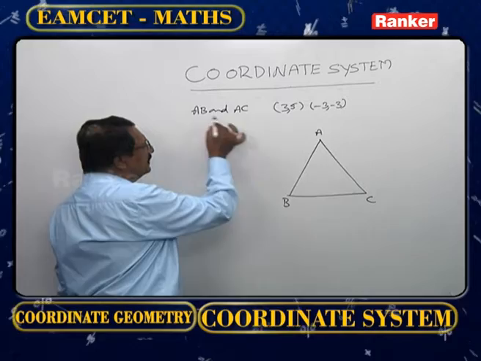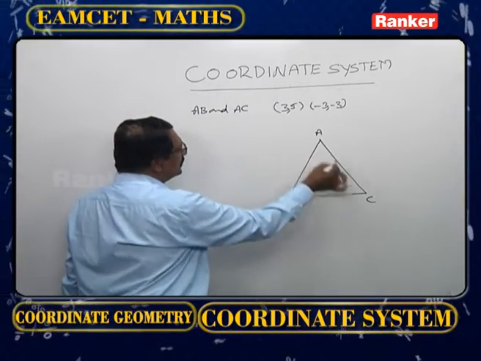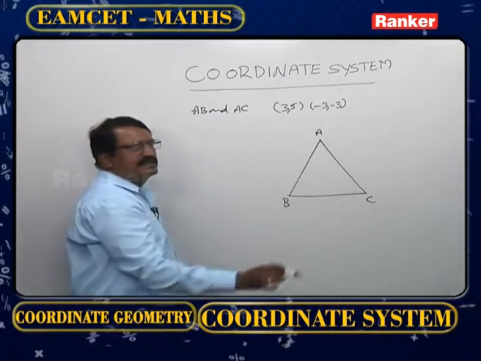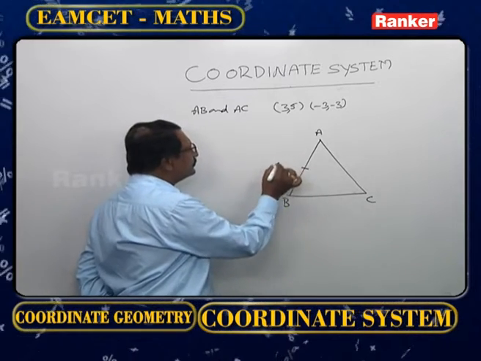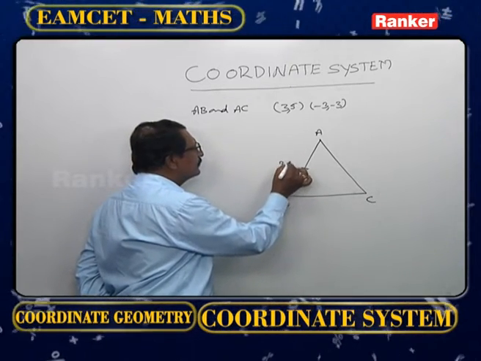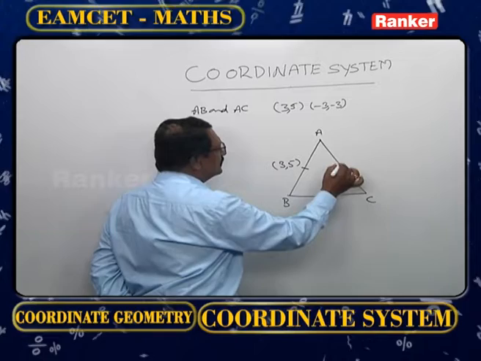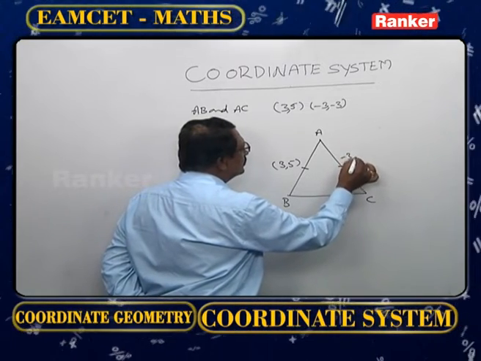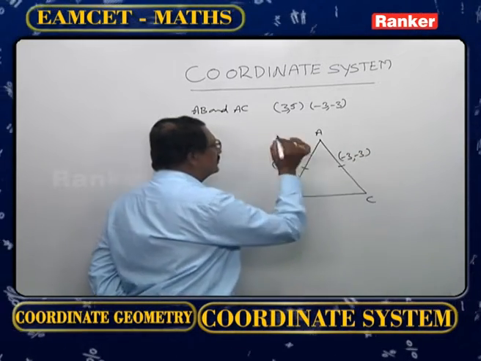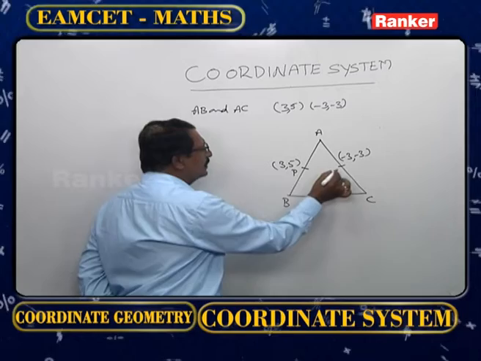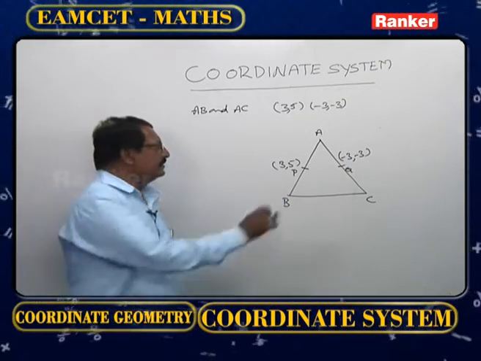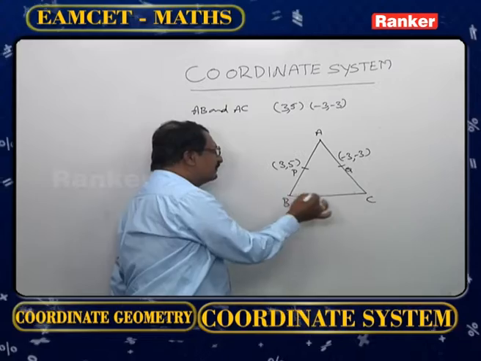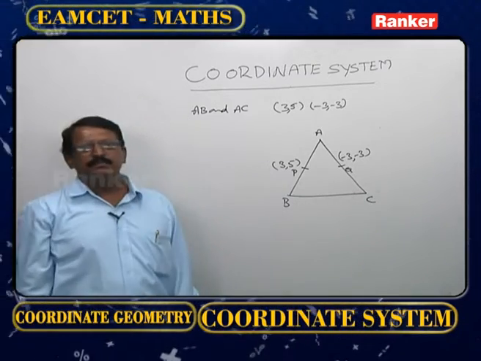Given the midpoints of the sides AB and AC are (3, 5) and (minus 3, minus 3). Now the midpoint of AB is (3, 5) and the midpoint of AC is (minus 3, minus 3). Consider P and Q to be the midpoints of the sides AB and AC. Now we require the length of the side BC.